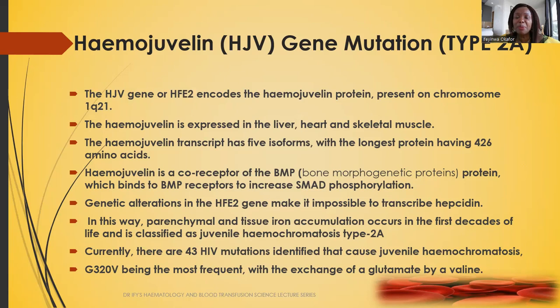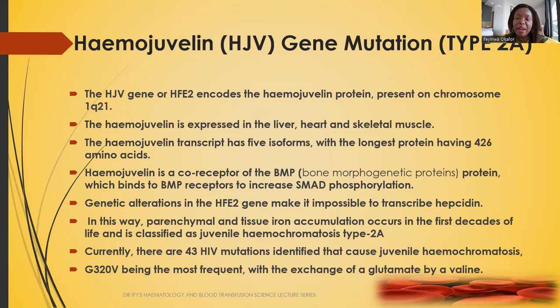Hemojuvelin is a co-receptor of bone morphogenetic protein, which is needed for proper regulation of hepcidin function. It binds to BMP receptors to increase SMAD phosphorylation. Genetic alterations in the hemojuvelin gene make it impossible to transcribe hepcidin.